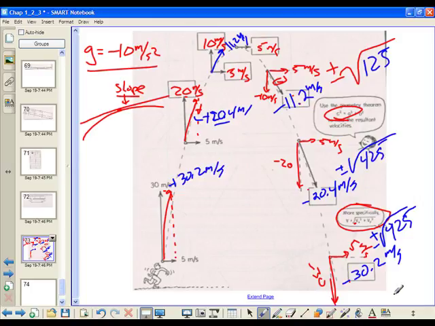And also notice how the resultant is getting closer and closer to the y component. If we went down to the next one, I think that's 20.6, 30.4, something like that. But you can see how it's getting closer and closer each time. Now, is it ever going to get the same?